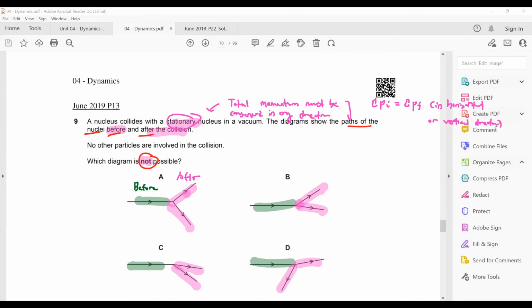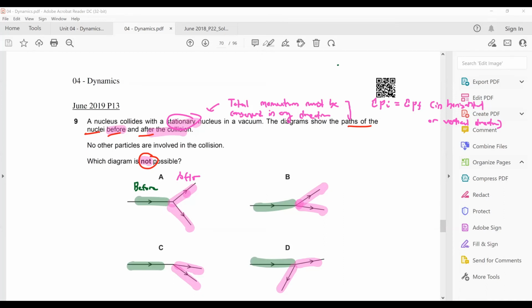direction. Okay. So let's just say I look at question part A. I look at the answer choice A first.